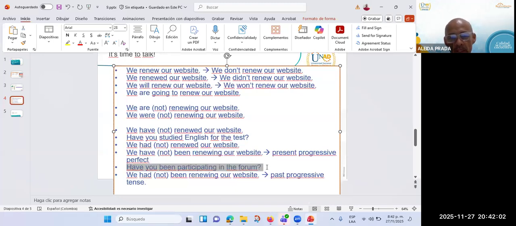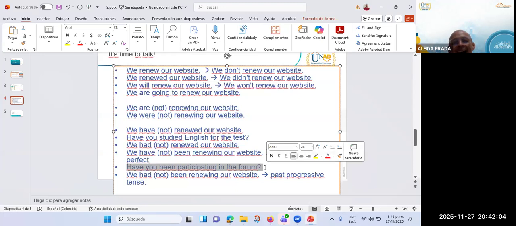Have you been participating in the forum? ¿Usted ha estado participando en el foro? Look at this. This is a normal question. This is a common question. Maybe you don't know that it is present perfect progressive. It doesn't matter. But you can use the sentence. Have you been participating in the forum? ¿Usted ha estado participando en el foro? Yes. It's very easy.